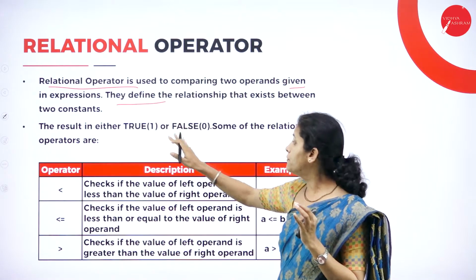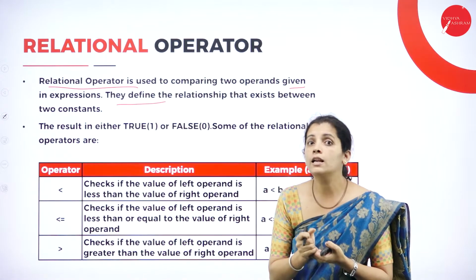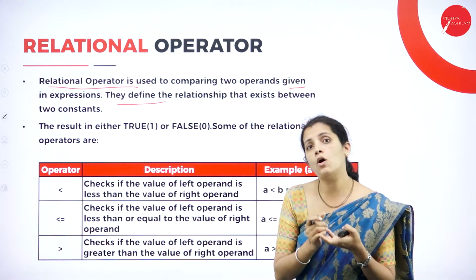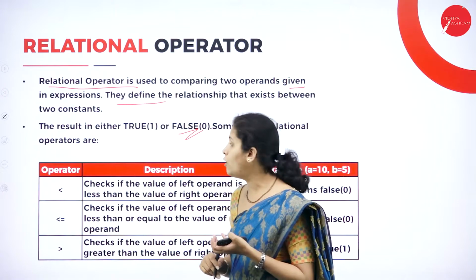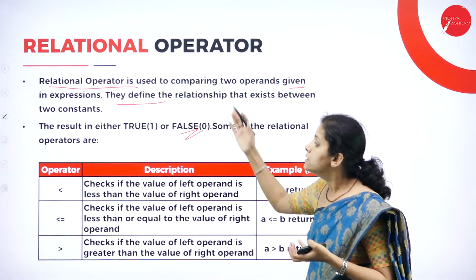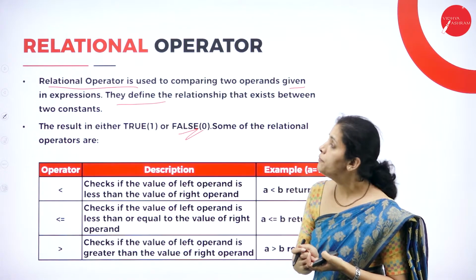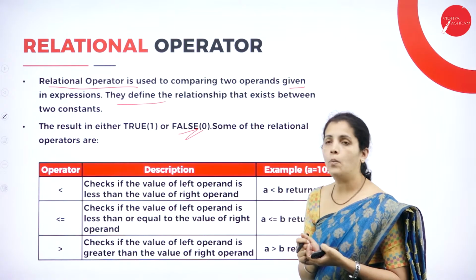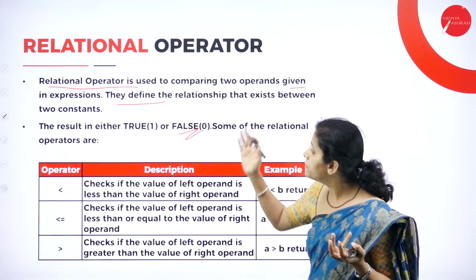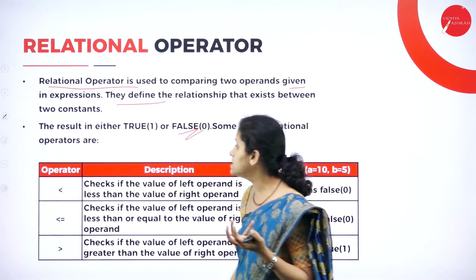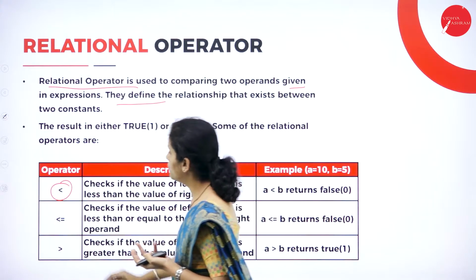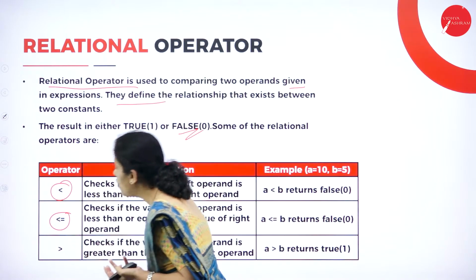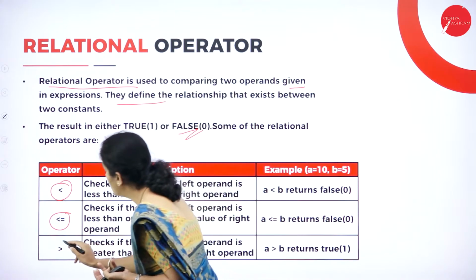And if both the relationships are not equal or not the same, at that time I'm going to get the result false. Now these are some of the examples for relational operators. What are the different kinds of relational operators I'm going to have here? That is less than, less than or equal, and greater than or equal.